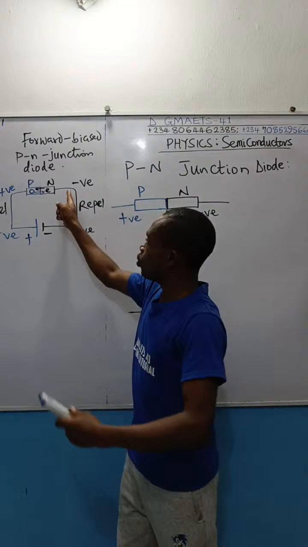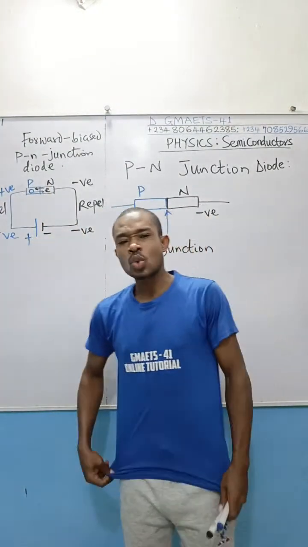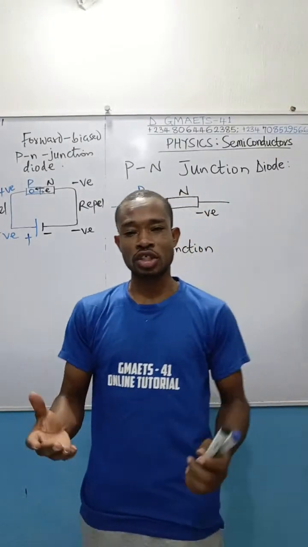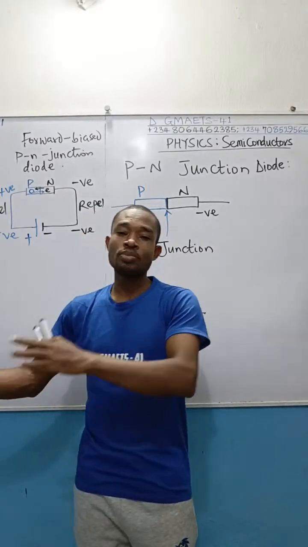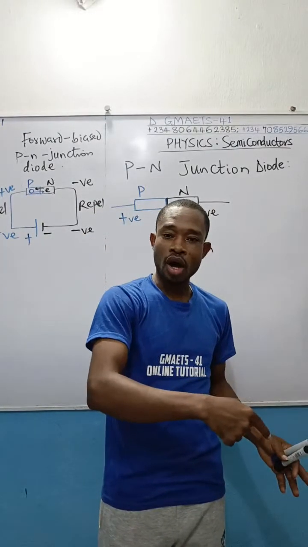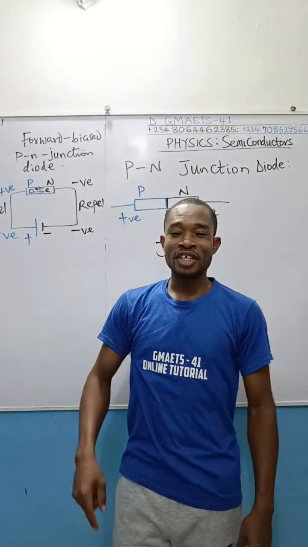As they move that way, electrons will now be attracted to the positive terminal, which is what is expected, like I said, for conduction. For electrical conductivity, the electrons are meant to move to the what? Positive terminal. And then current will now flow in the reverse process.